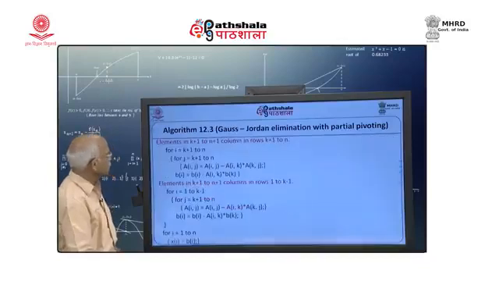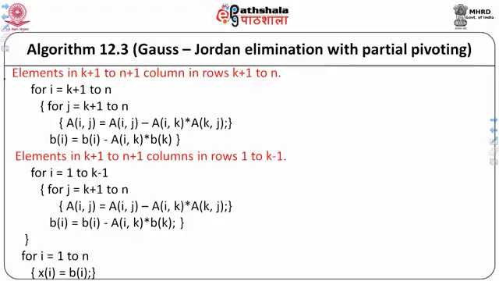Then we are doing it for elements after the pivotal row. So, k plus 1 to n plus 1 columns of rows k plus 1 to n, and that is what we are doing here, same procedure as earlier, and now this additional one. So, we are doing it also for I equal to 1 to k minus 1, and the same procedure we are following.